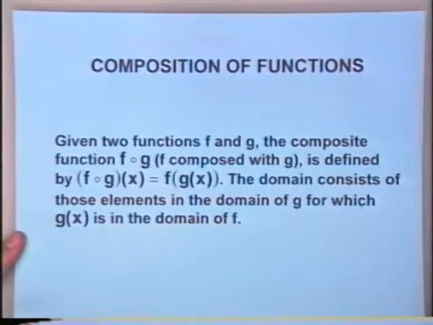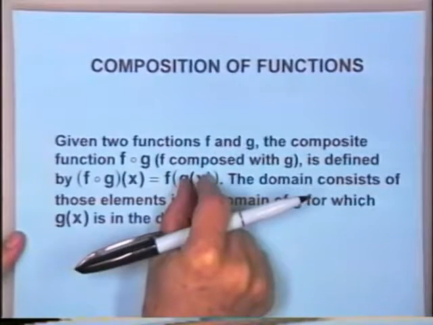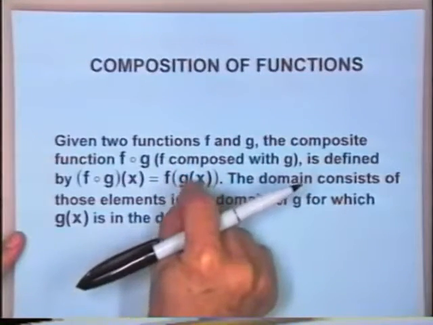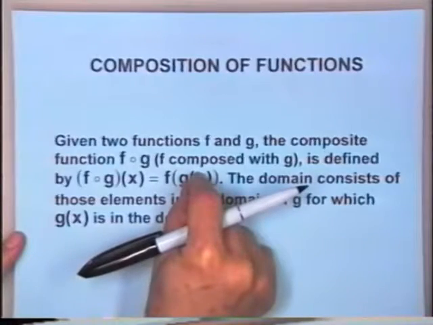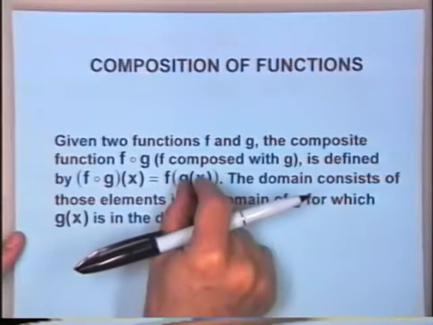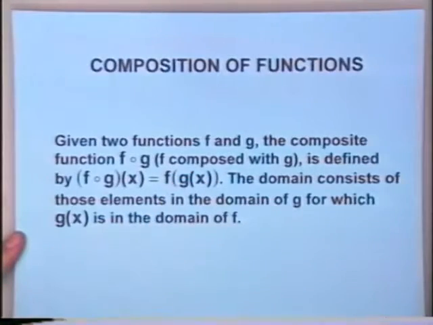Now the thing to notice here is that g of x is the argument of function f. Or in other words, g of x is what we're going to replace our independent variable with in function f. So what we're doing here really is placing one function inside of another function, if you will.